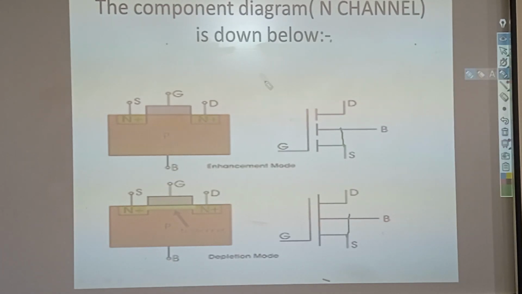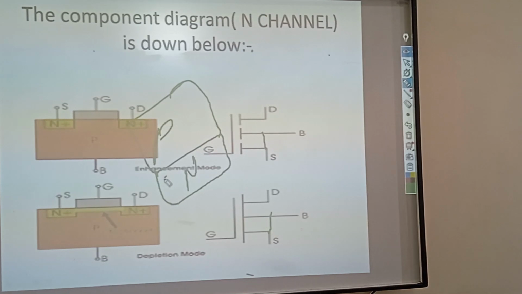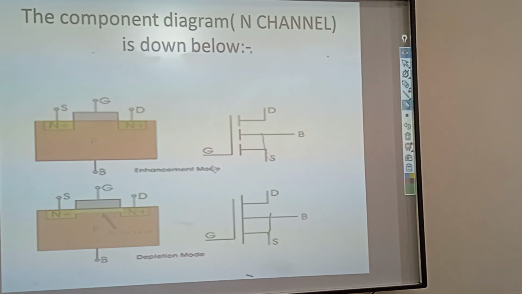Now whenever we join this P junction and N junction, you can see that there is a boundary now. Now I am magnifying it so that you can see what happens inside. Think that this is the N junction.